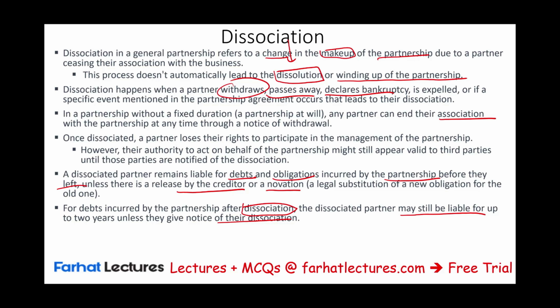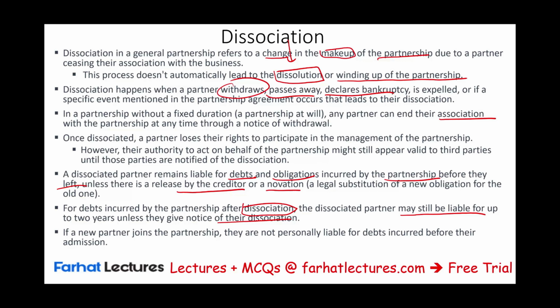So you want to make sure you get your name cleared, otherwise you could still be liable. If a new partner joins the partnership, they are not personally liable for debts incurred before their admission. I hope this makes sense, because you were not there when that was incurred, therefore you are not responsible.